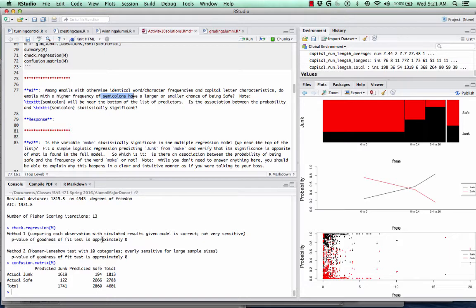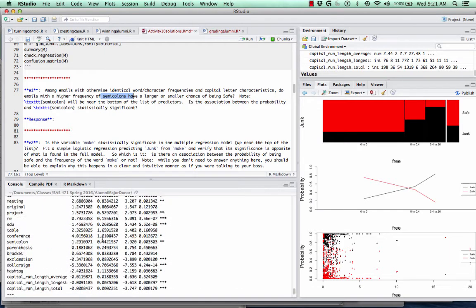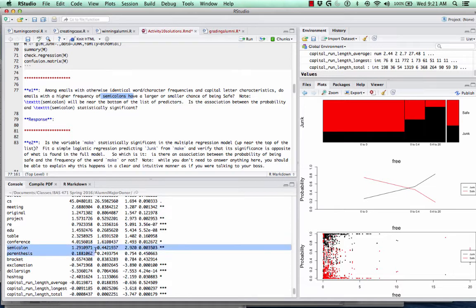Well, okay, the output from the logistic regression tells us this because, remember, if we look at the coefficient of a particular predictor, like semicolon, this tells us something about how the probabilities differ between otherwise identical emails with respect to all the other predictors in the model, who just differ in that predictor variable.